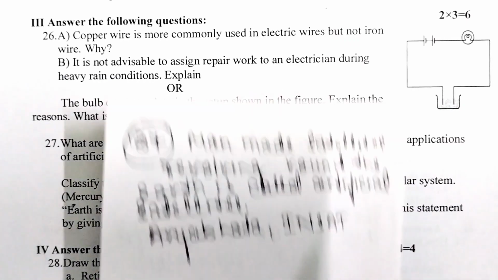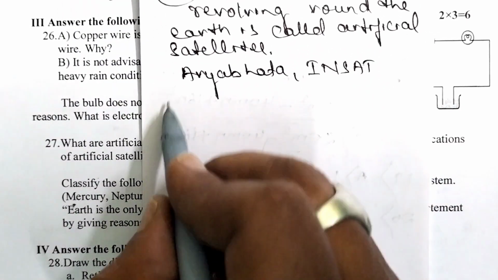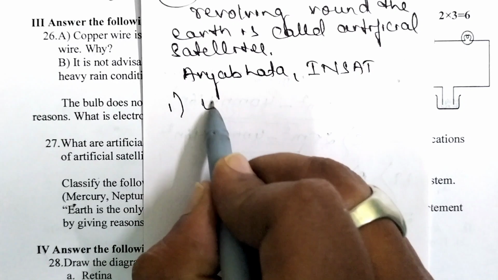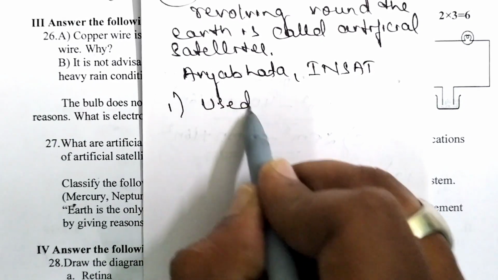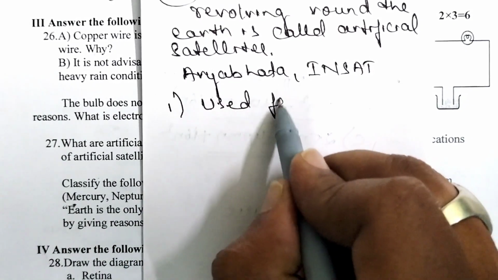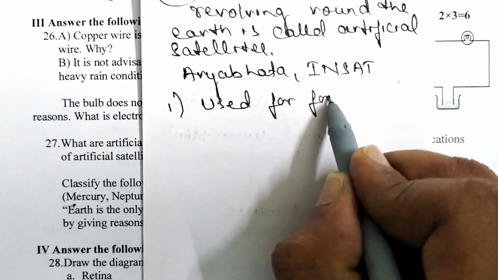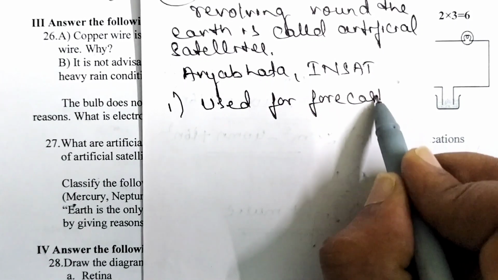Write any two applications of artificial satellites. So applications means uses. So artificial satellite is used for forecasting weather.